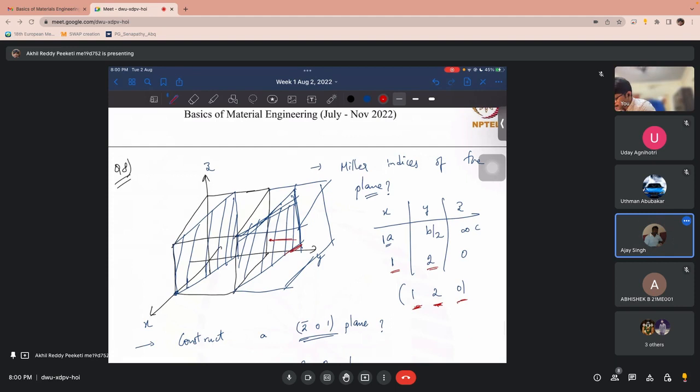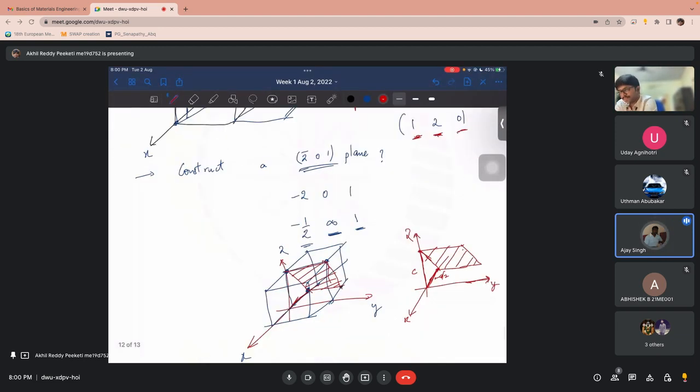Yes, that will give you the vectorial direction. The plane is parallel to the y-axis, so it will never intersect the y-axis.